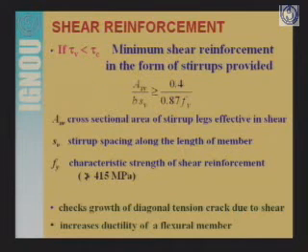The cross-sectional area of these two legs of the vertical stirrups is denoted as Asv. b is the width of the member at that section. sv is the stirrups spacing along the length of the member, meaning the spacing at which these will be provided throughout the length of the beam.